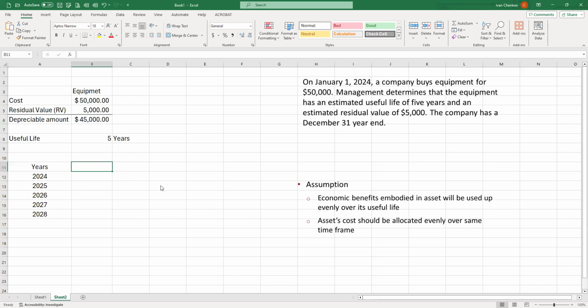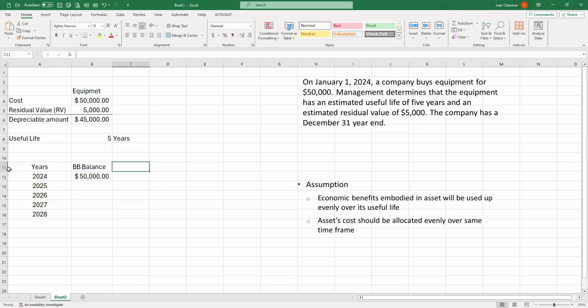Now the question is, what will be the balance in the very beginning? At the very beginning, we purchased the asset for $50,000. So the beginning balance is $50,000.